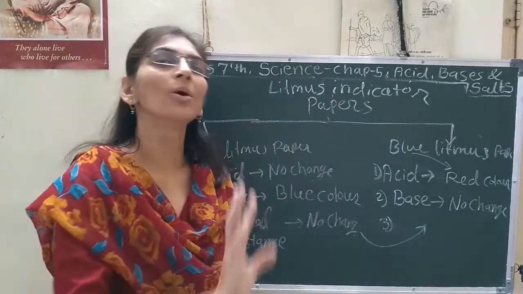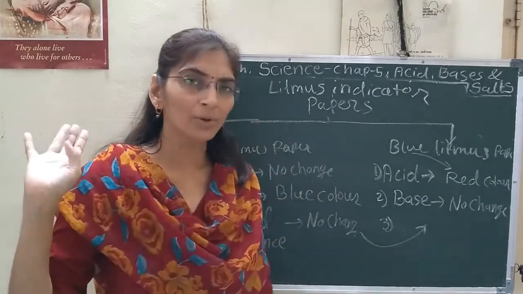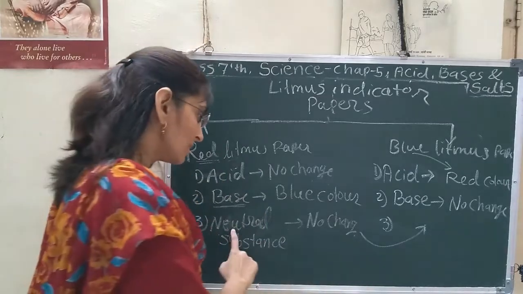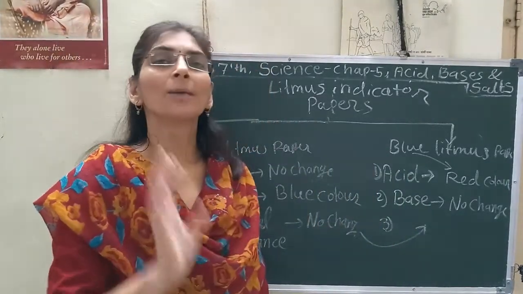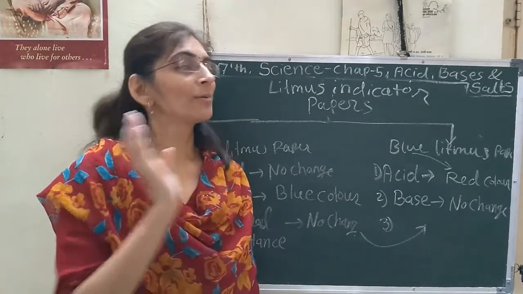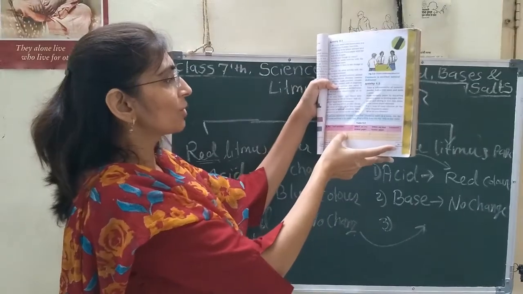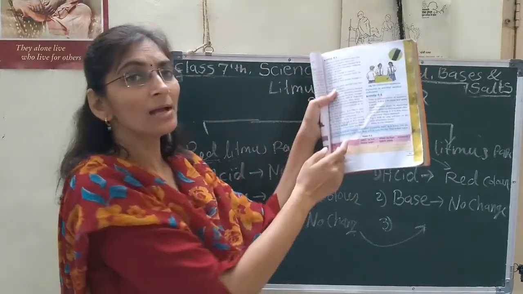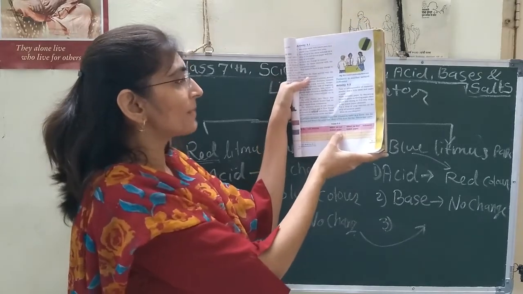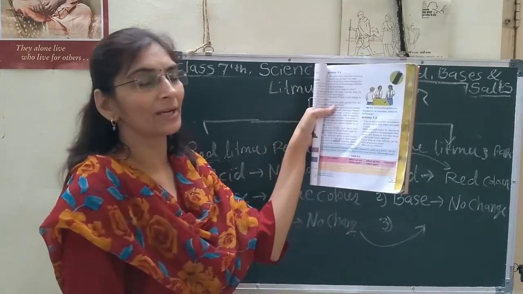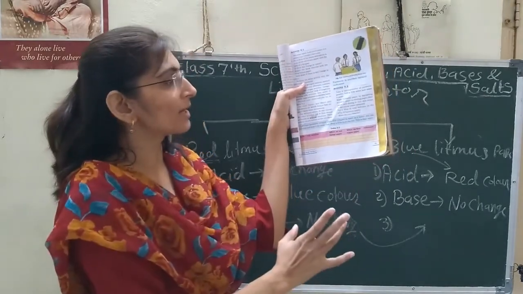If there is no reaction from both litmus papers, दोनों भी litmus paper कोई reaction नहीं दिखाता है, then these are neutral substances, that we will come to know. So you have to perform this simple activity and fill this table. Test solution, solution का नाम यहाँ पर लिखना है, then effect on red litmus paper, उसका red litmus paper पे क्या इफेक्ट है, उसका blue litmus paper पर क्या इफेक्ट है वो आपको मेंशन करना है.